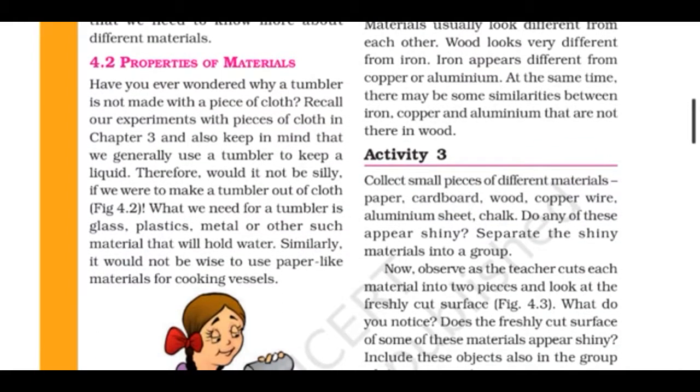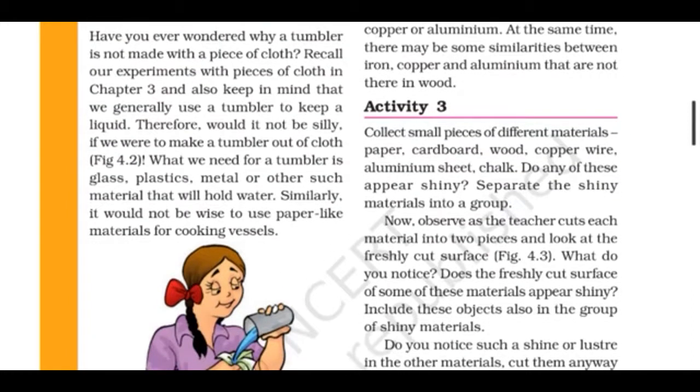Generally in chapter 3, also keep in mind that we generally use a tumbler to keep a liquid. Therefore would it not be silly if you make a tumbler out of cloth? That is the thing, right? We want to make a tumbler using plastic, paper, or maybe wood, even stainless steel, metals, but it should not be made up of cloth material.